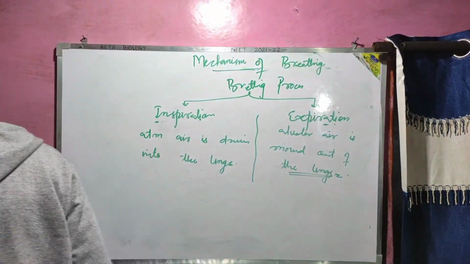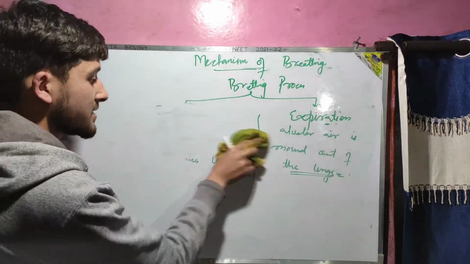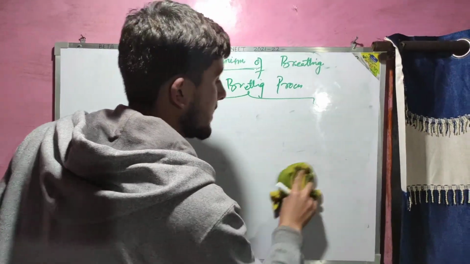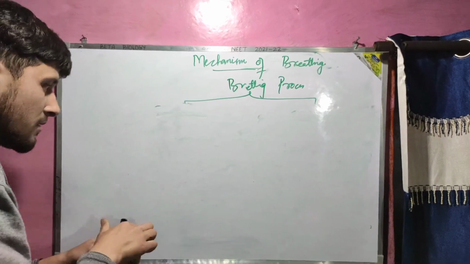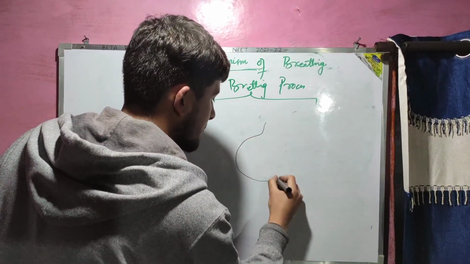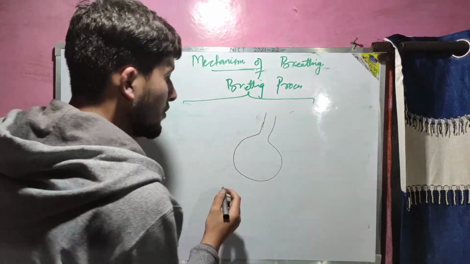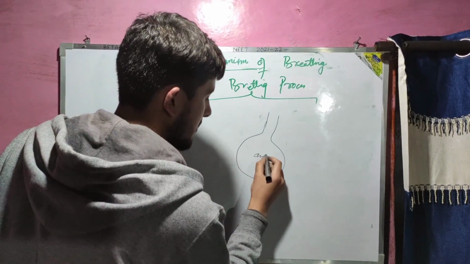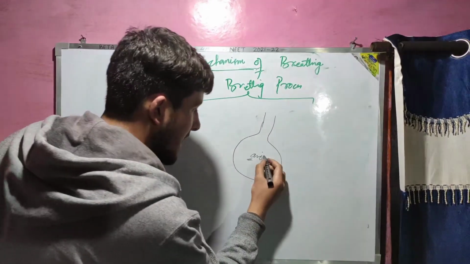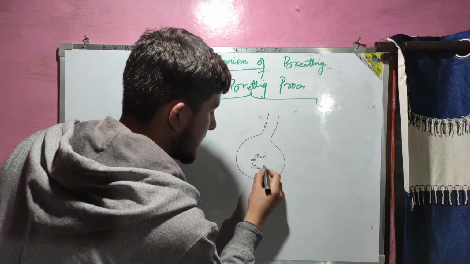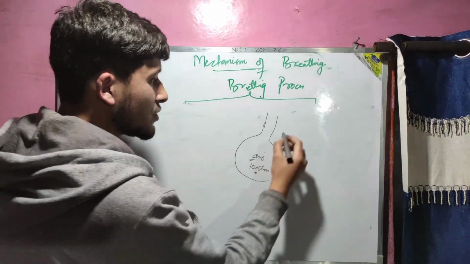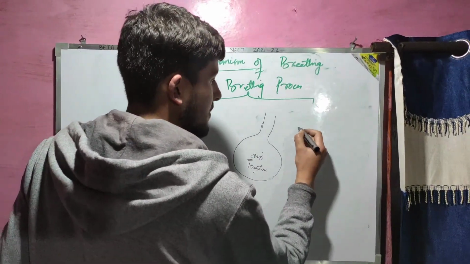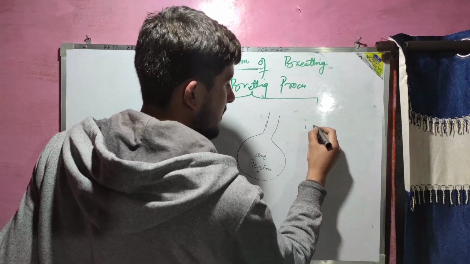For example, let us take a simple example of a balloon filled with air. This is a balloon, and inside the balloon is air. This air exerts a pressure of, for example, 10 atmospheres, and outside the balloon the atmosphere has a pressure of 1 atmosphere.